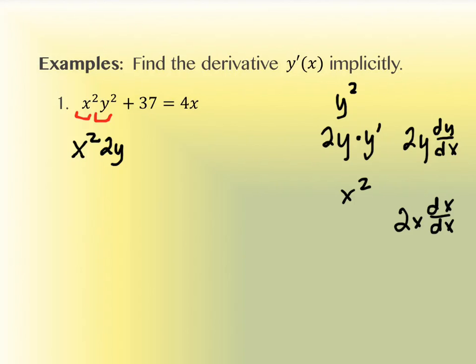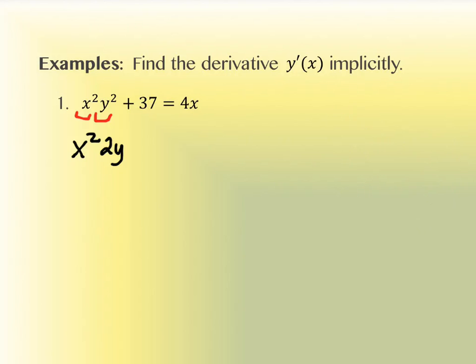So that dy dx, or the y prime, is part of the function. So the kicker is, anytime you see y and you take its derivative, you're going to have a component of it that's going to say y prime, because that's the derivative of y. Kind of like the derivative of x is simply 1. The derivative of y is y prime. So this piece over here then is 2y, y prime.